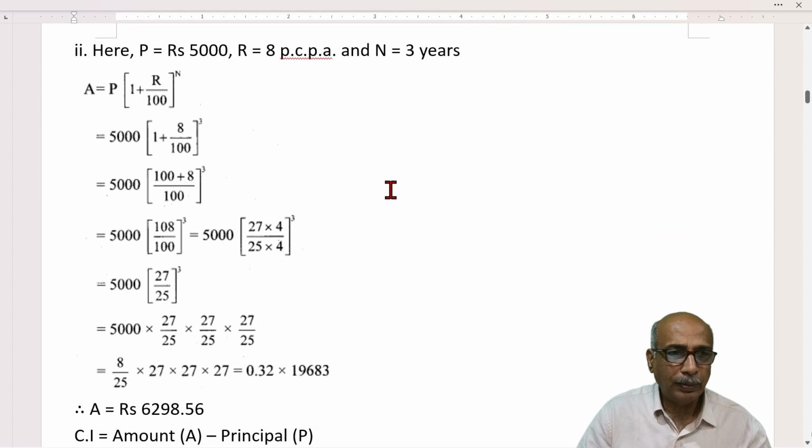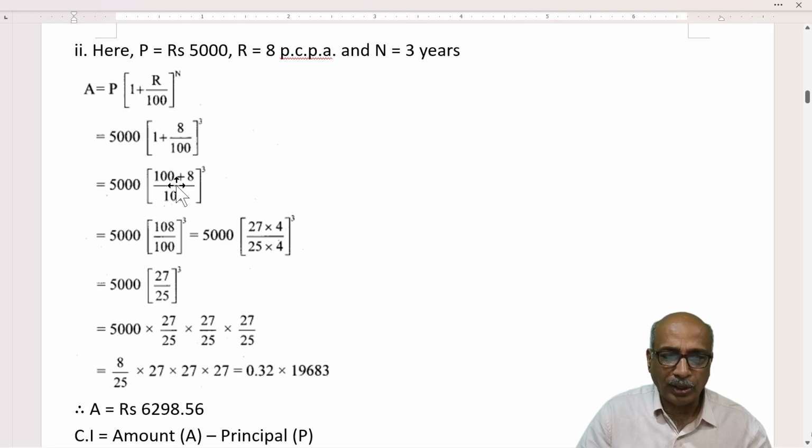Next question. Here principal is rupees 5000. Rate of interest is 8% per annum. Period is given as 3 years. Formula remains the same. A equals P into (1 plus R upon 100) raised to power N. Substitute the values.